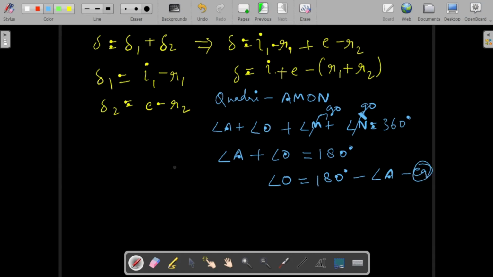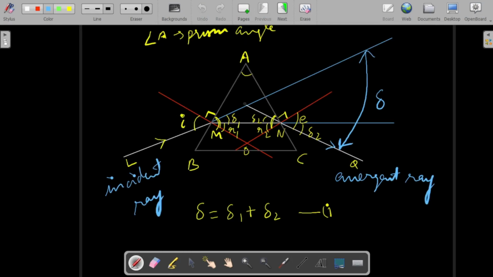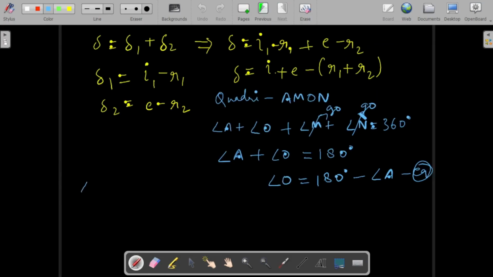Now, if we go again to that diagram, in triangle MNO, we know that the sum of the angles of a triangle is 180 degrees. So angle R1 plus R2 and angle O will equal 180 degrees.